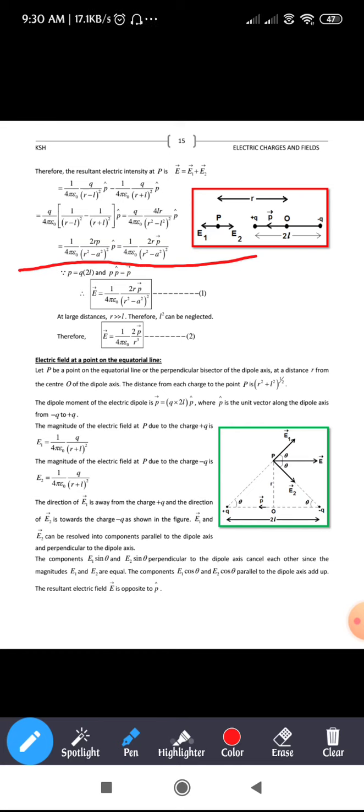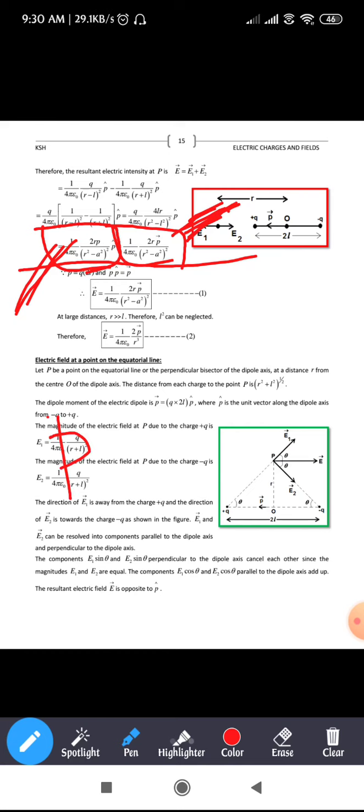Compared to this step and this, it is a little bit difficult to explain the mathematical form here. In this step you have small p in the numerator and you have a p cap, right? But in the next step you have vector p. As you know, whenever we express a vector, you have magnitude and direction, right?